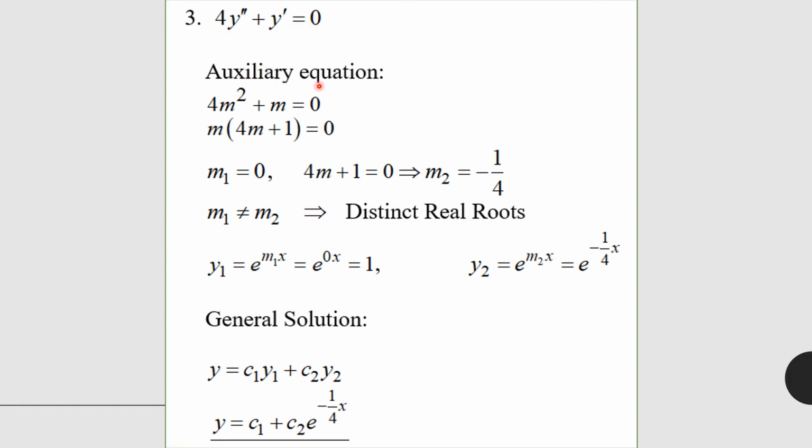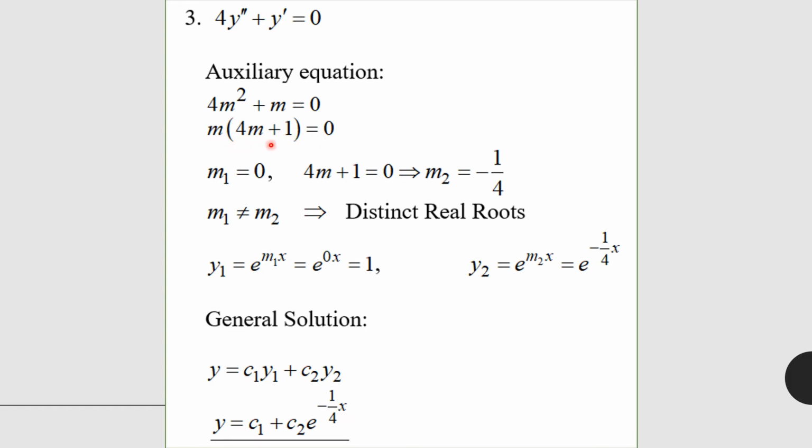The auxiliary equation is written in the form of 4m squared plus m equals 0. In this part, you notice that m is a common factor here. That's why we can factor the m. So we end up with m multiplied by 4m plus 1 equals 0.